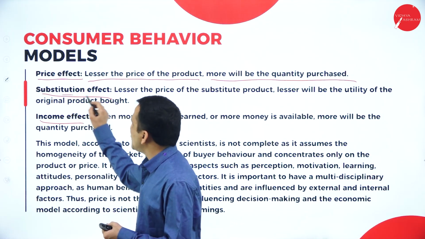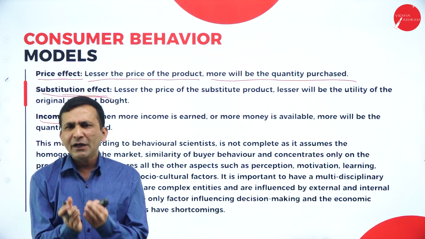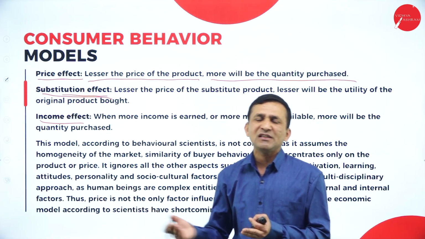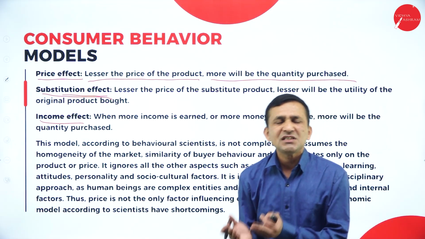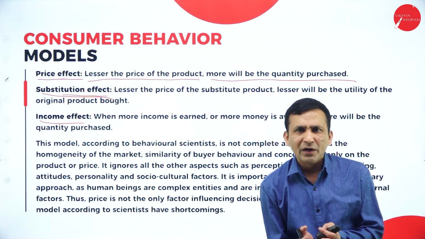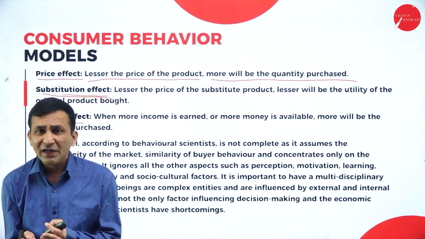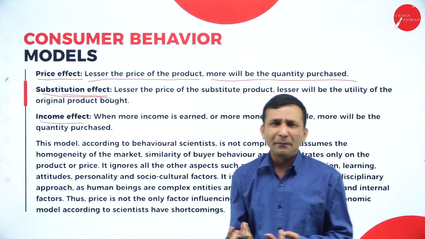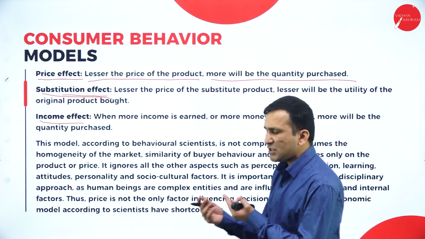Next one, substitution effect means what? When any particular company is offering a product, of course the consumers try to search for a substitute product. If it is cheaper compared to your company's product, if another company's product is offered at a very low price, okay, then they get maximum benefit from the substitute company or substitute product.